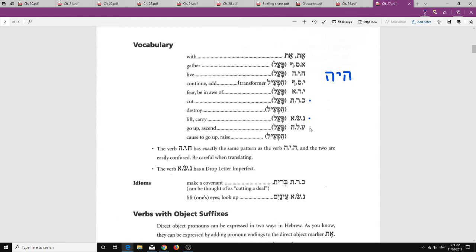Maybe it'll help you. Next word, alah, in the pa'al means to go up or ascend. I'm not confident that this is related to the Arabic word for God, but it at least helps me remember that it's to go up or ascend. I might be wrong, but I think that Allah, the Arabic word for God, is something about being the most high.